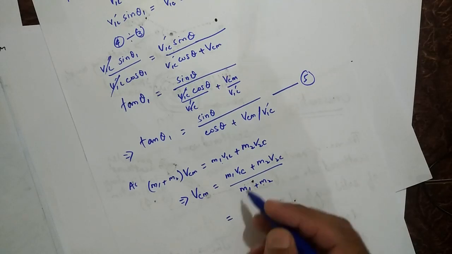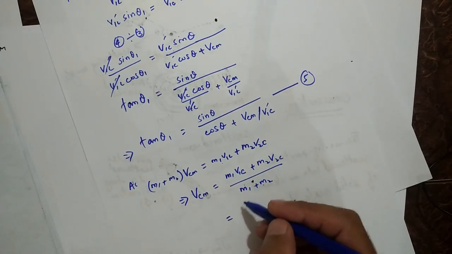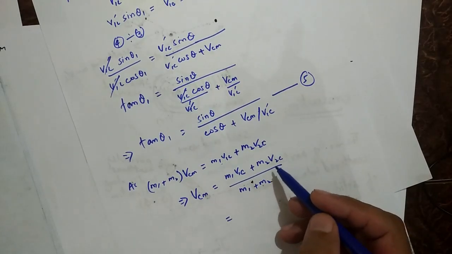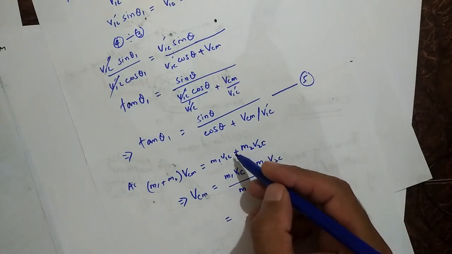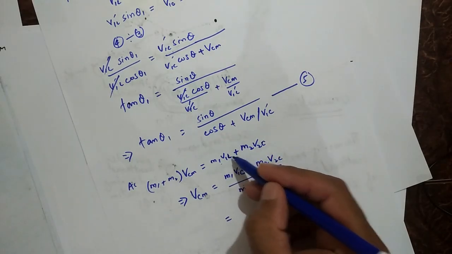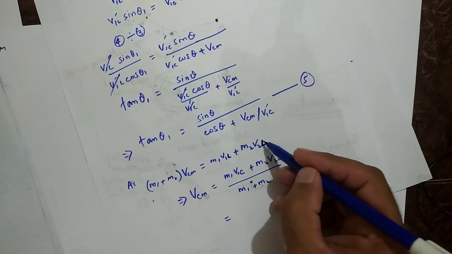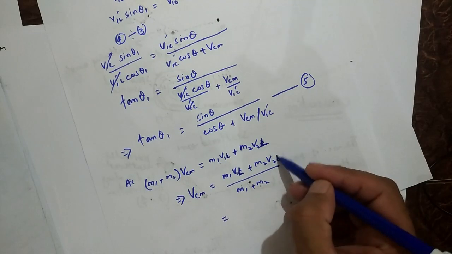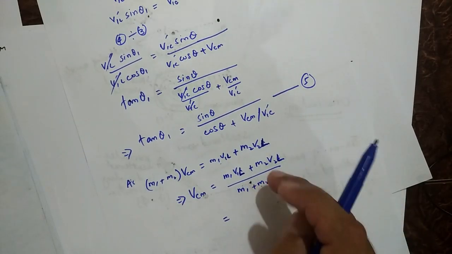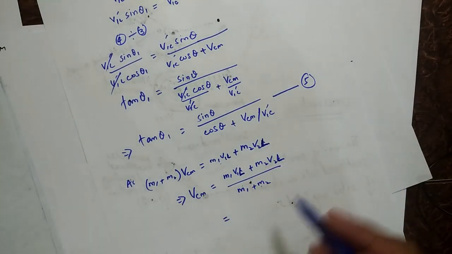Which further can be written as, sorry, this is actually not c, but this is the L, in the lab reference frame. This is the velocity of both the particles in the lab reference frame.